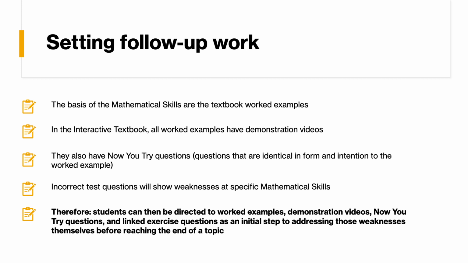Incorrect test questions in the diagnostic system will show weaknesses at specific mathematical skills, and therefore all these things can be linked together. So weak performance against mathematical skills can lead students to the matching worked examples, the matching video of someone doing the question the student got wrong in their test.